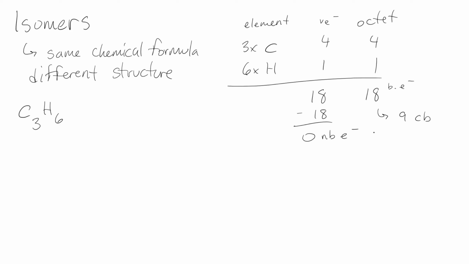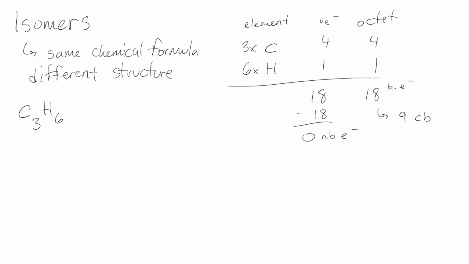So, 9 covalent bonds. Well, you have all of these atoms all over the place, so you've got to figure out where these covalent bonds go. One trick for these kinds of compounds: hydrogen is special in that it only tries to make one covalent bond.